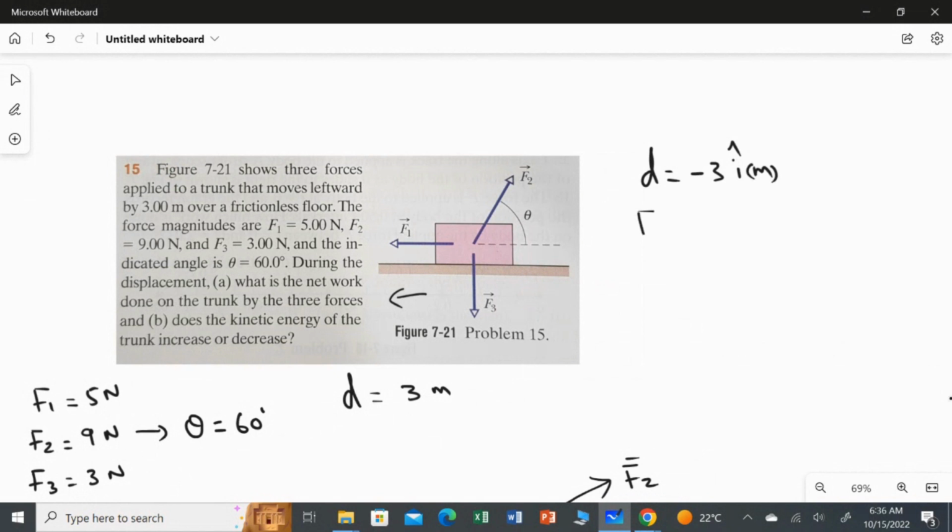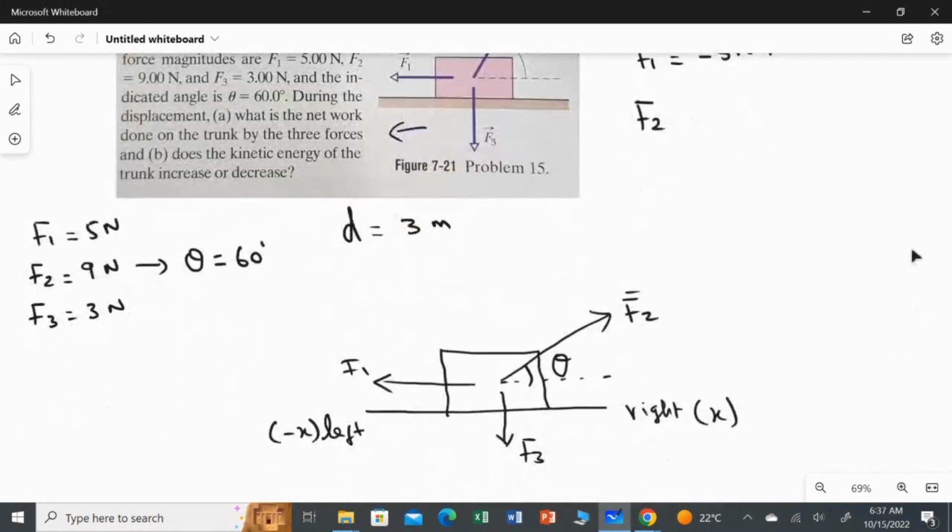Likewise, for the F1 force, we have the magnitude of 5 Newton, but in which direction is the first force? Left direction. Again, it is the negative x-axis. So minus 5 Newton i cap. Clear? And then the second force. For that, what do we have to do? We have to find the value of the cosine component and the sine component. Better I can explain from the diagram.